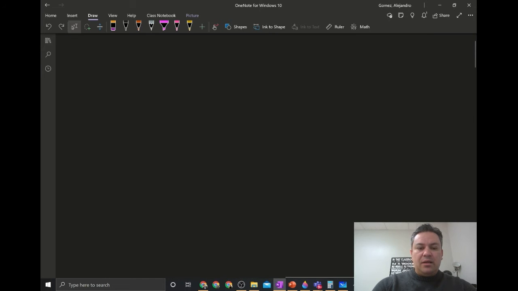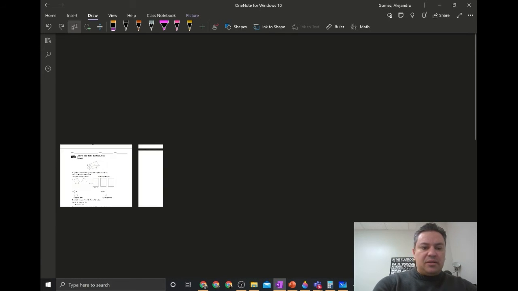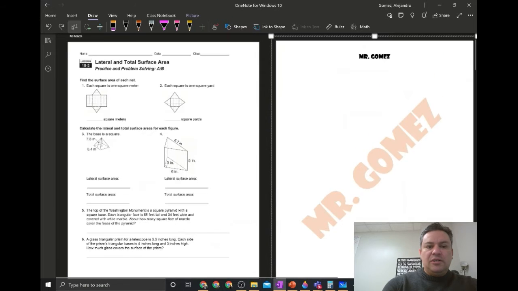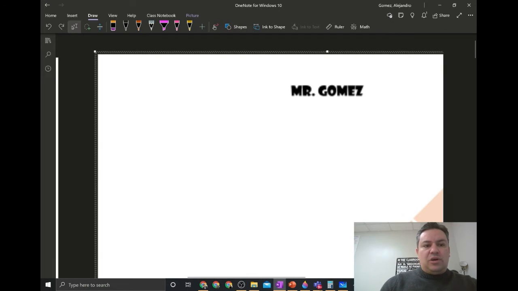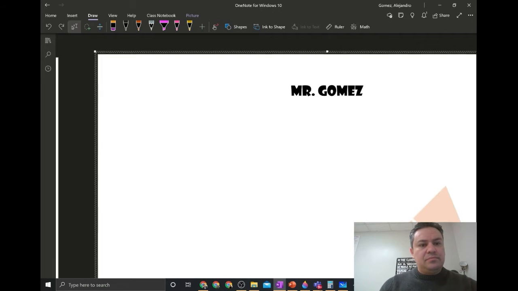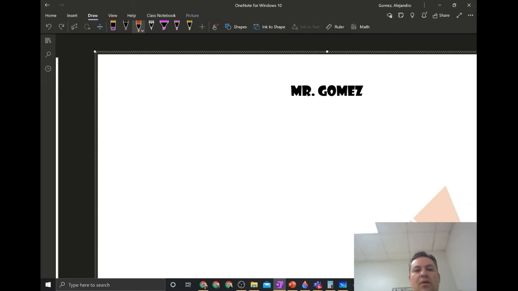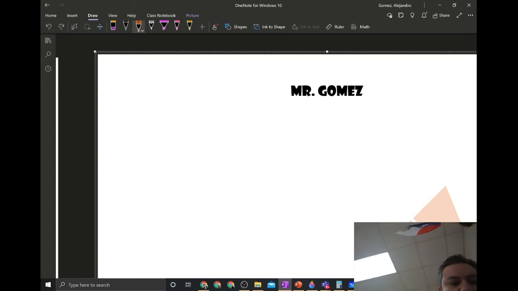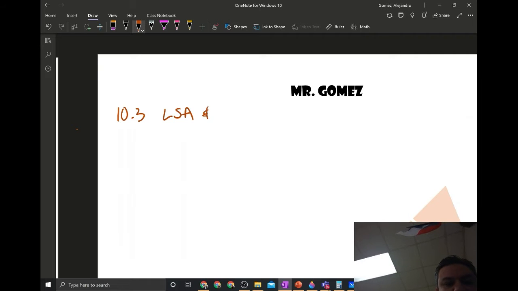So, let's see, where is this at? Right here. This is lesson 10.3, lateral surface area and total surface area. Those are the acronyms that we're going to be using.